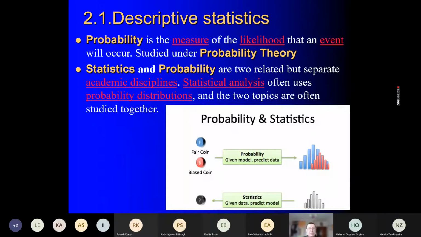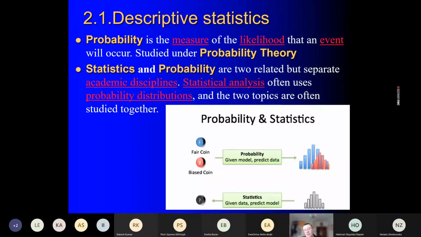Statistics very tightly deals with probability, which is the measure of the likelihood that an event will occur or not occur. It's studied under probability theory, which is also an independent scientific area. So statistics and probability are related but separate disciplines, and the two topics are often studied together.